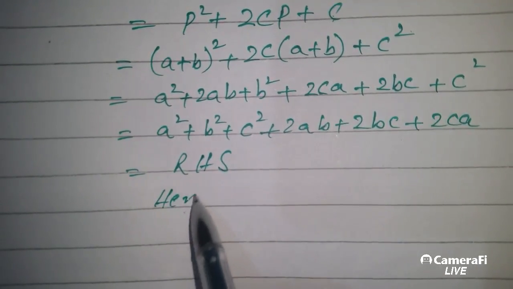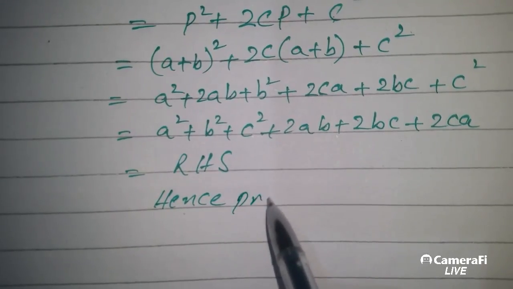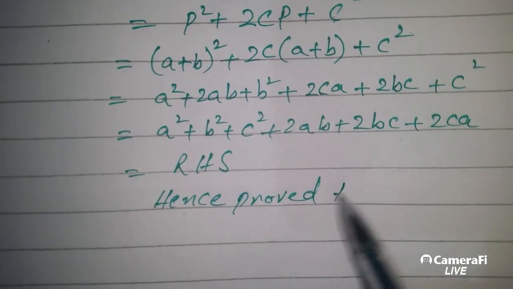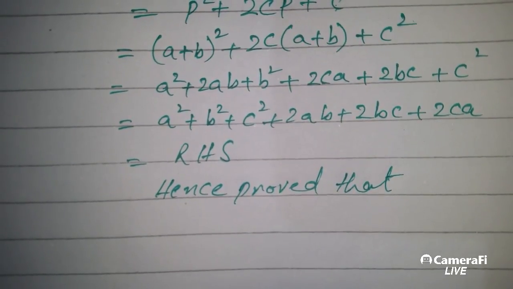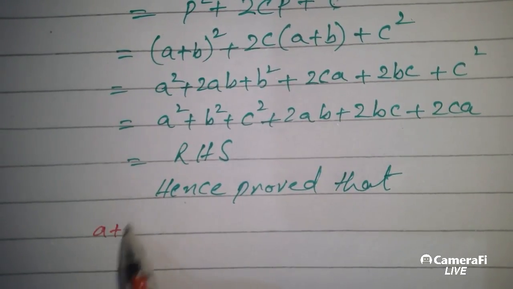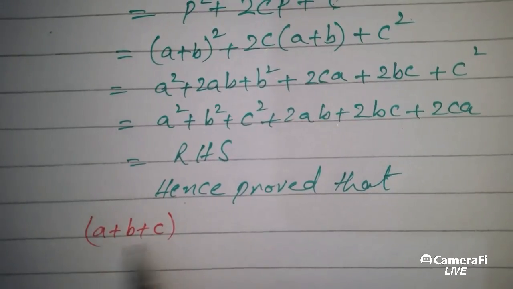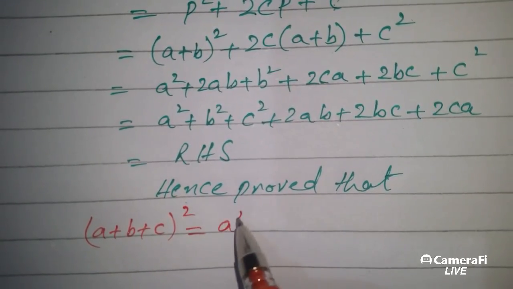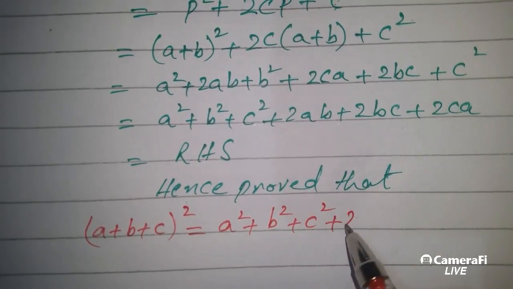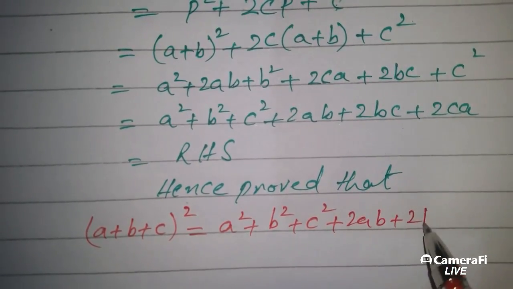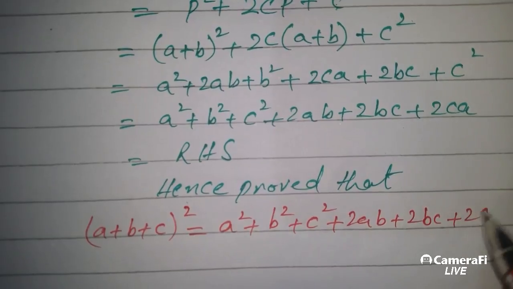Hence proved that (a plus b plus c) whole square equals a square plus b square plus c square plus 2ab plus 2bc plus 2ca.